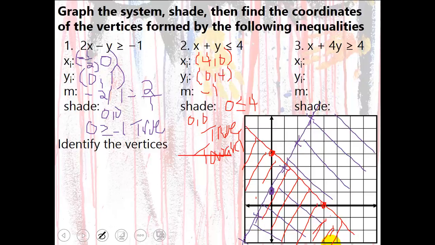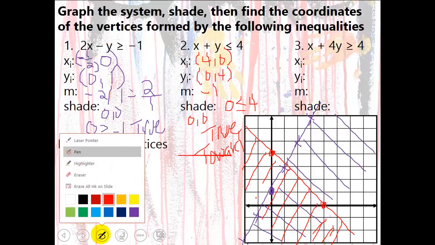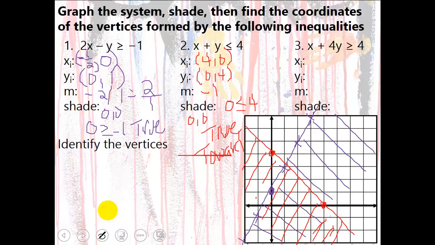Okay. Third equation, let's flip to blue. I have an x-intercept of 4, 0, a y-intercept of 0, 1, m is equal to negative 1/4, and if I test 0, is 0 greater than or equal to 4? That's false, so we're going to shade away. Right?